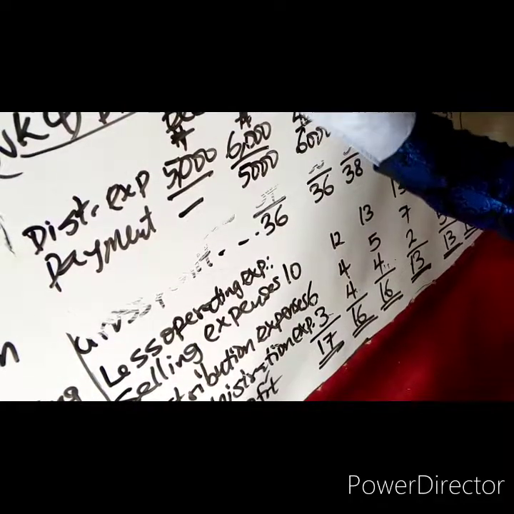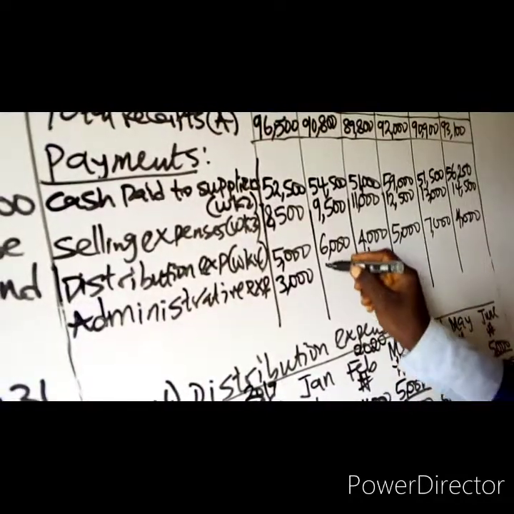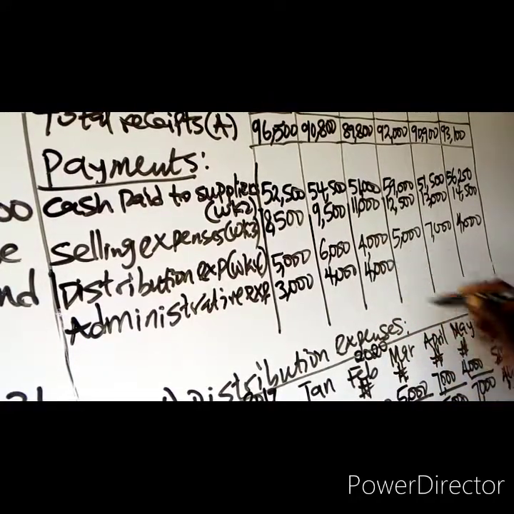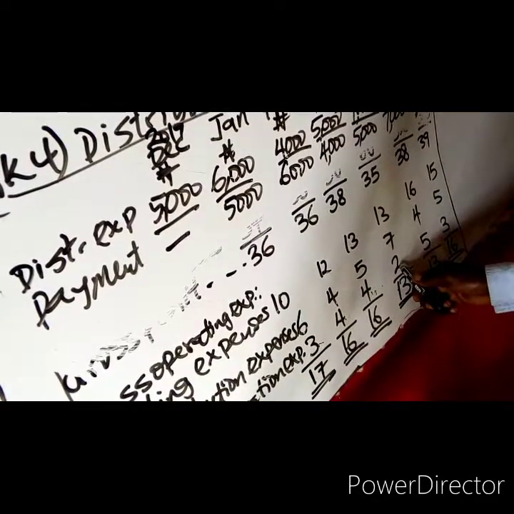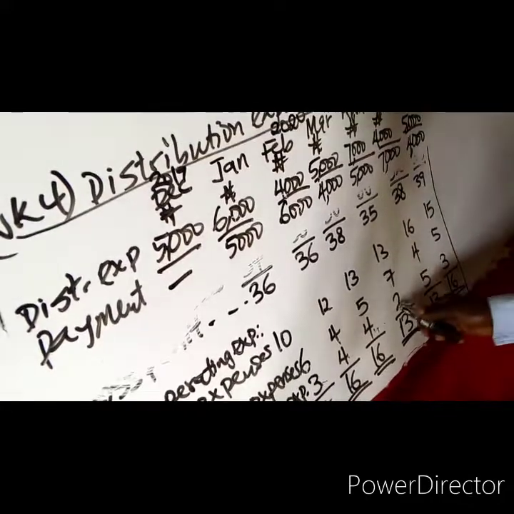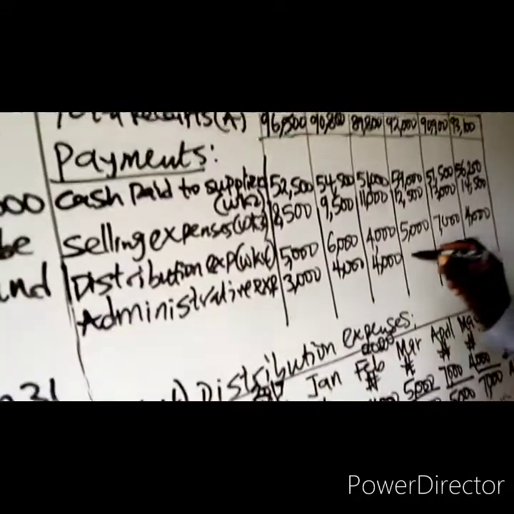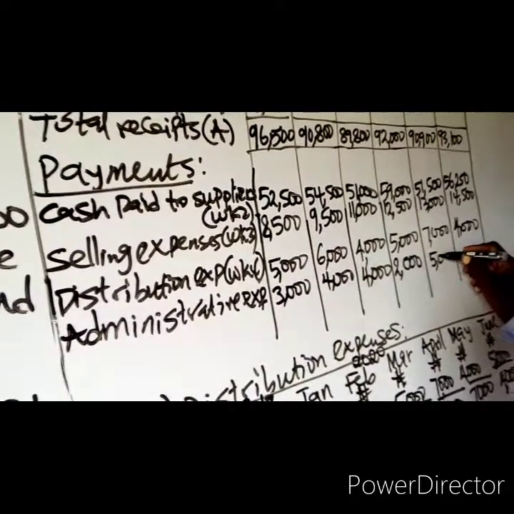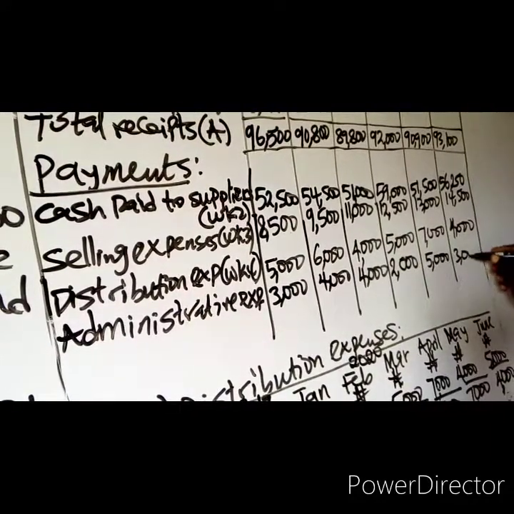So we have 3,000, 4,000, 4,000. Then that of April, 2,000. May, 5,000. June, 3,000.